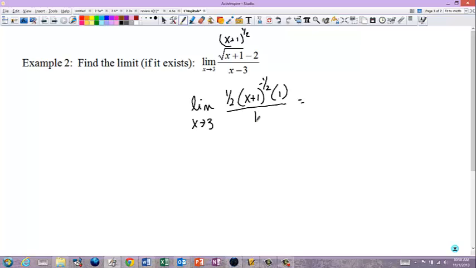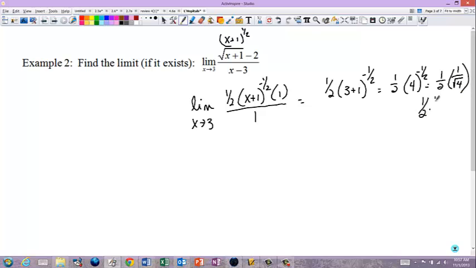Then you fill in your 3: 1/2 times 3 plus 1 to the negative 1/2, which is 1/2 times 4 to the negative 1/2, which is 1/2 times 1 over the square root of 4, which is 1/2 times 1/2, which ends up being 1/4. I'm checking my math on the 4 to the negative 1/2. Yeah, that should be right.